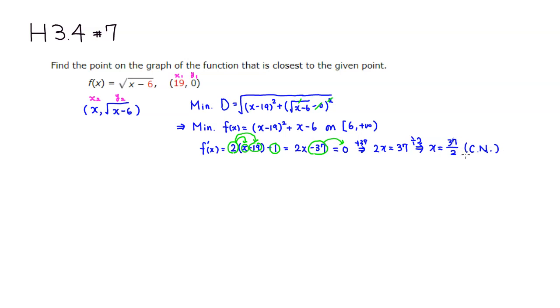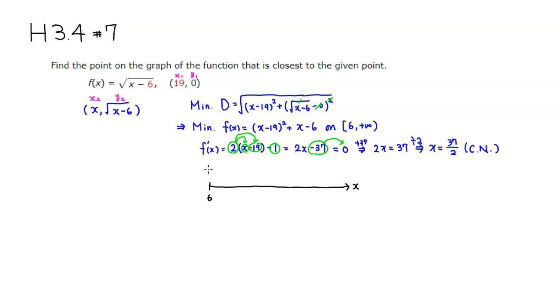Then we want to make sure that this will actually give you the minimum instead of a maximum or neither. I'm going to do a little bit of increasing, decreasing analysis here. So draw a number line. Since the domain starts from 6, I'll put 6 here.